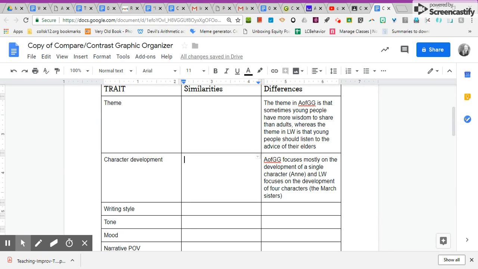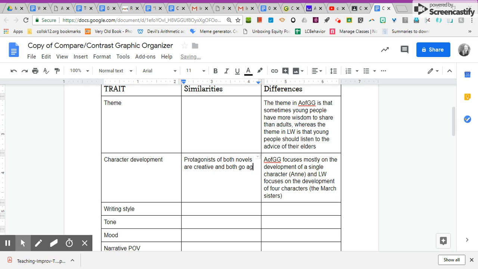Jo and Anne actually have a lot in common. They're both the protagonists, the main characters, the person we're rooting for. So I'm going to say the protagonists of both novels are creative, and both kind of go against the grain.